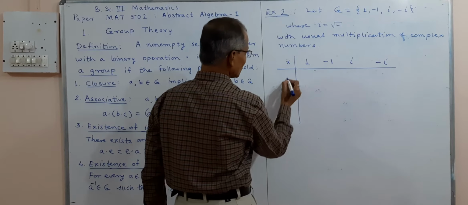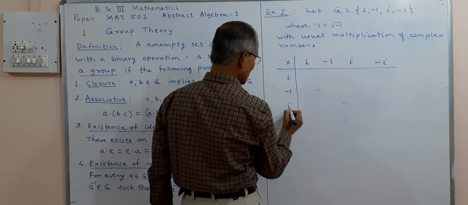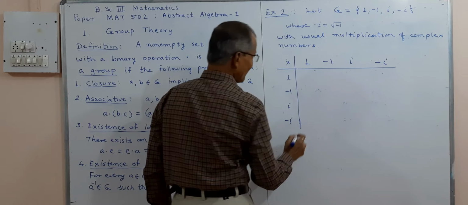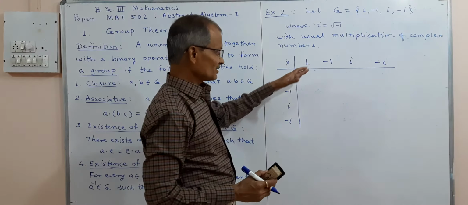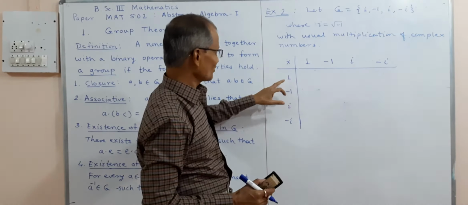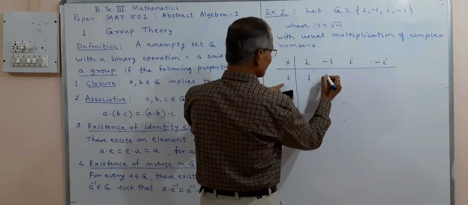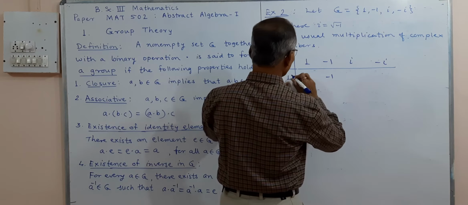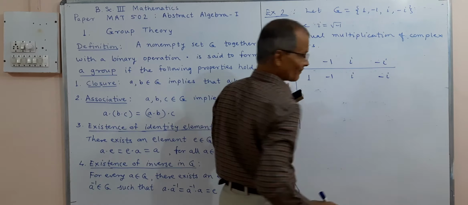This is multiplication, or you may write dot, 1, minus 1, i and minus i. Now how to fill up the composition table? You see multiplication is commutative, so you may consider 1 into 1, that is 1. 1 into minus 1, minus 1, 1 into i is i, and 1 into minus i is again minus i.